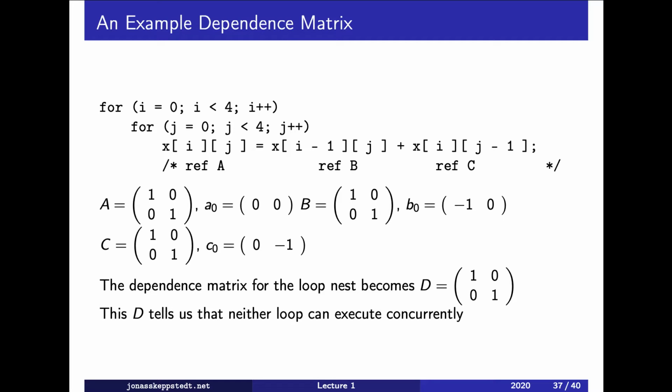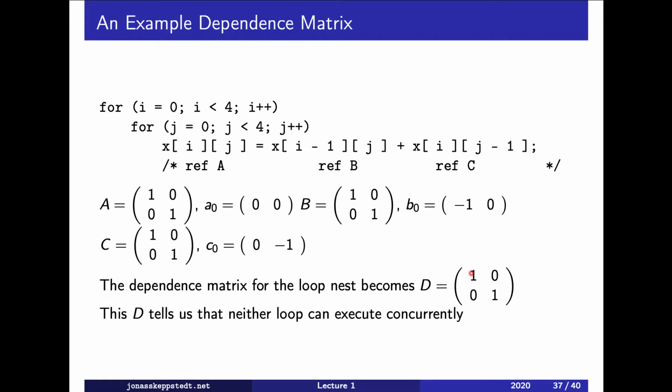The first column corresponds to the I loop and the second column corresponds to the J loop.